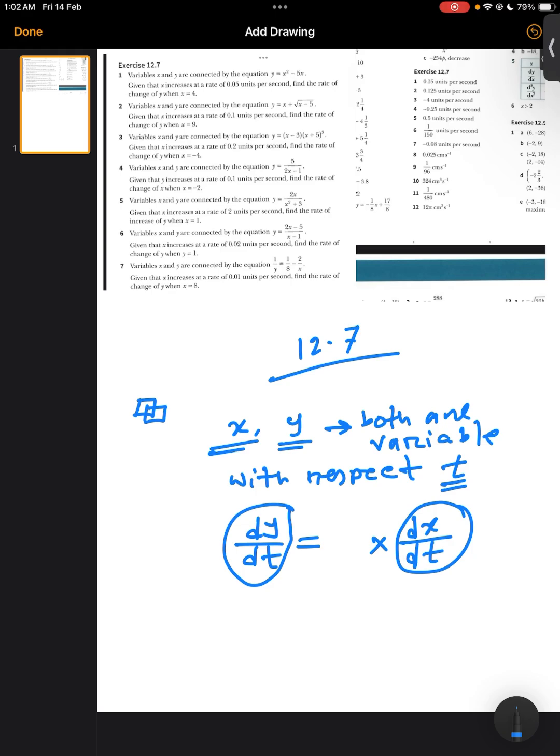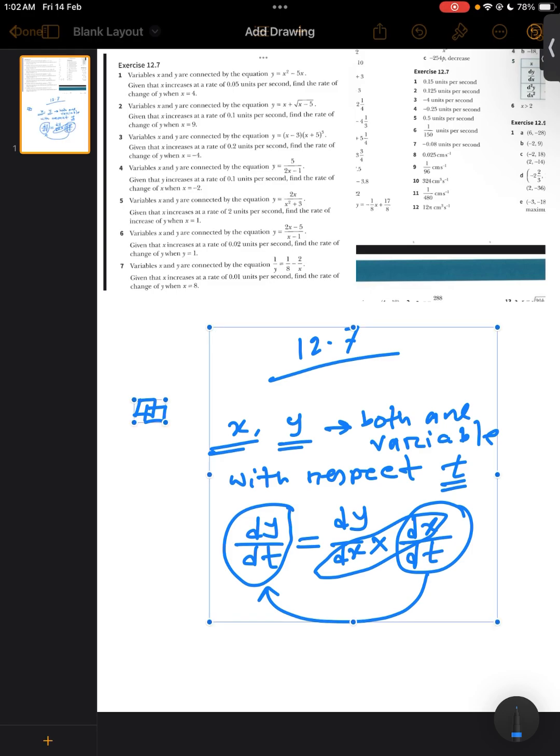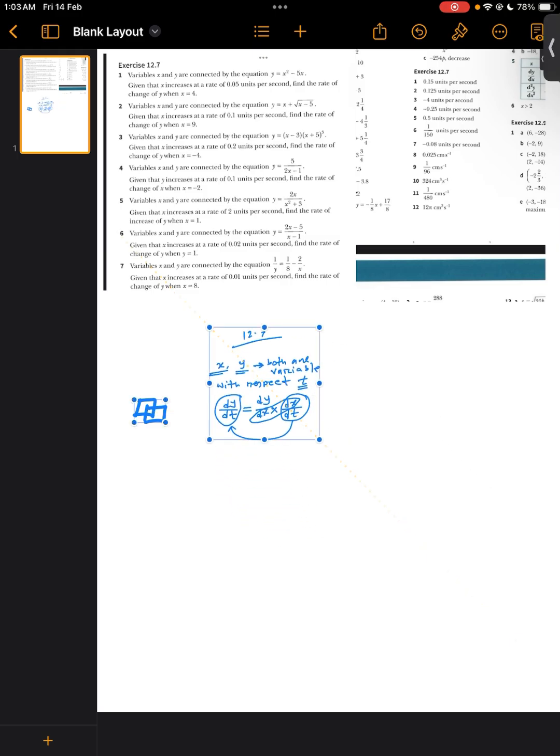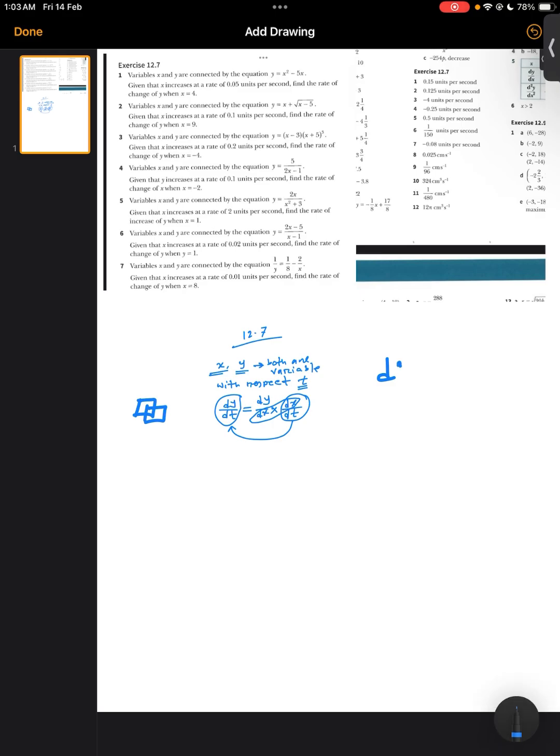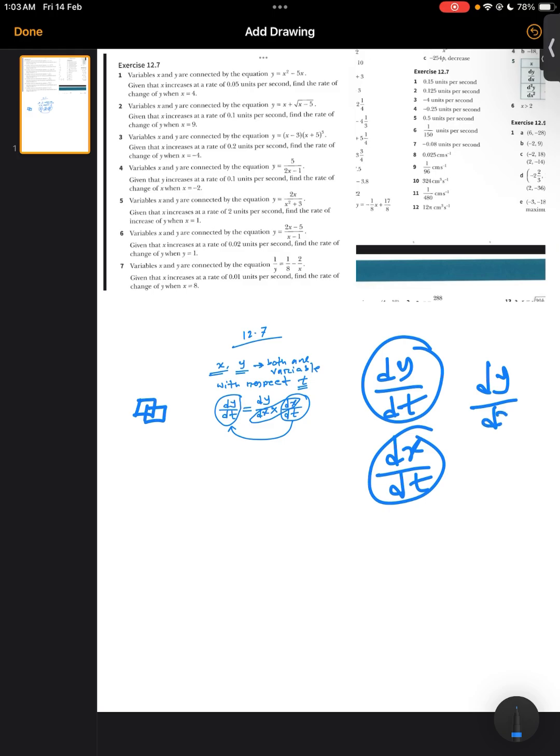So if I want to make the right hand side like the left hand side, what do I have to take? d/dx of y. Then we can think this part will be eliminated here, right? So before solving 12.7, we have to figure out three things: the change of y against t, the change of x against t, and the change of y against x.